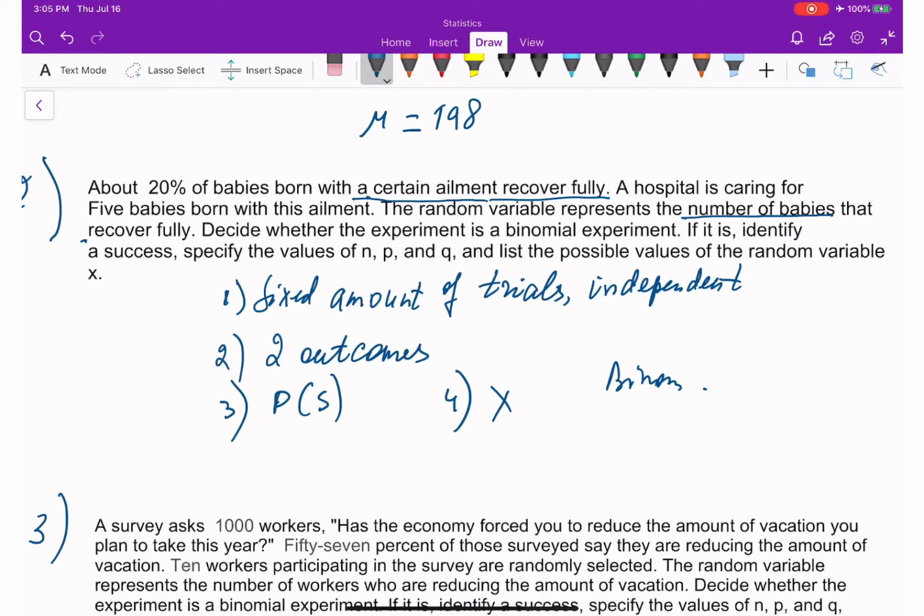So 20% is the probability of success. This is p we found. Now our n, with the hospital caring for 5 babies, is going to be 5.